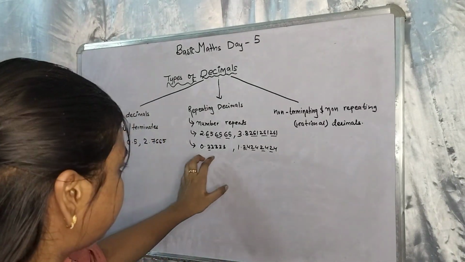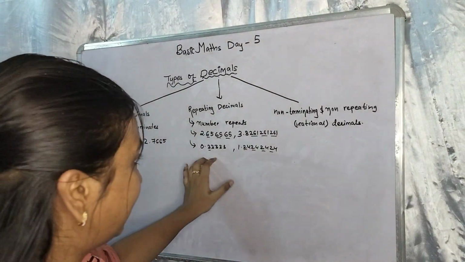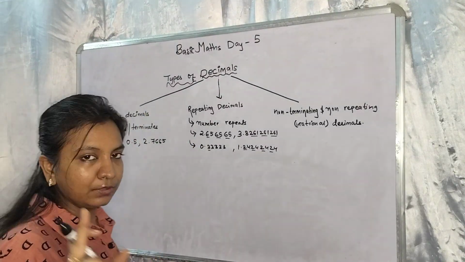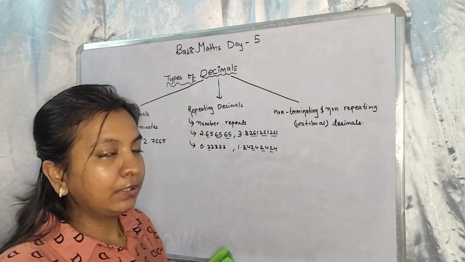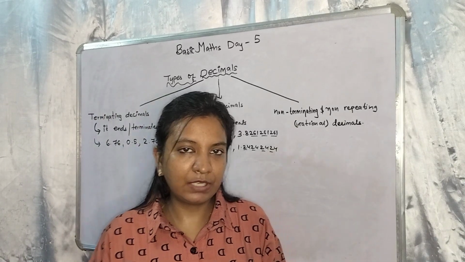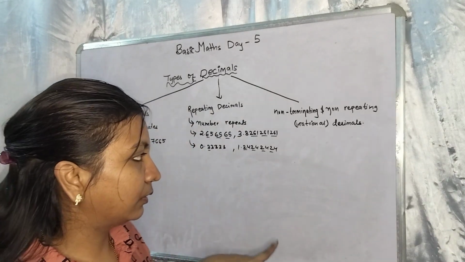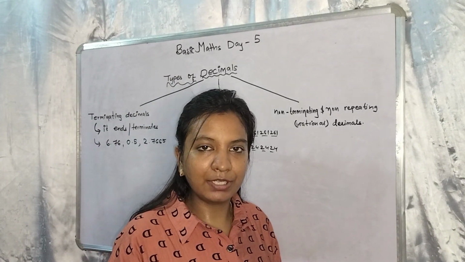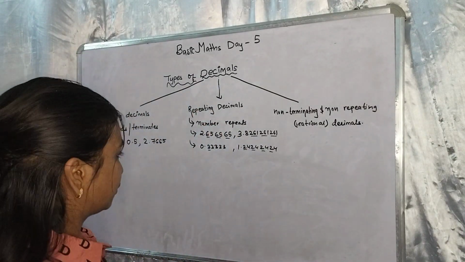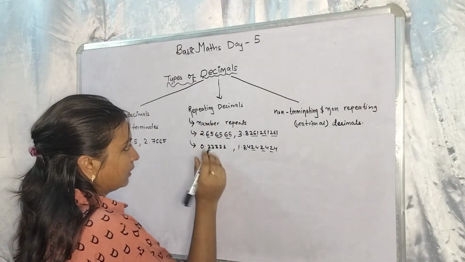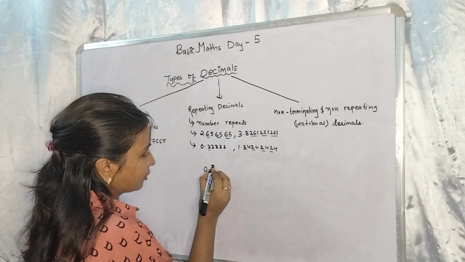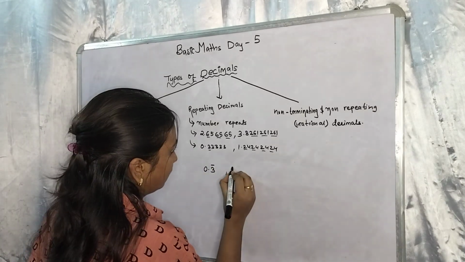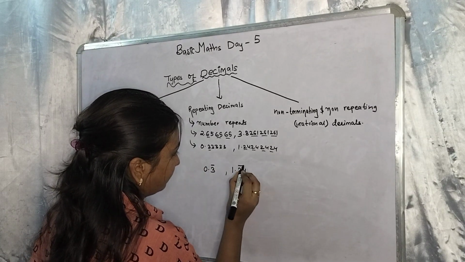Again, in this repeating decimal, there is one more topic that needs to be discussed, and I will teach you a very important question regarding repeating decimals. There are various questions where you see this type of notation, like 1.24 bar.